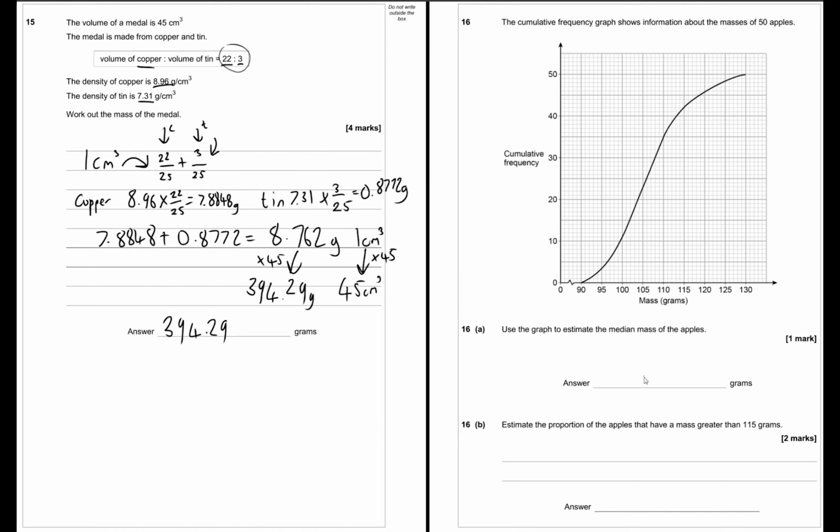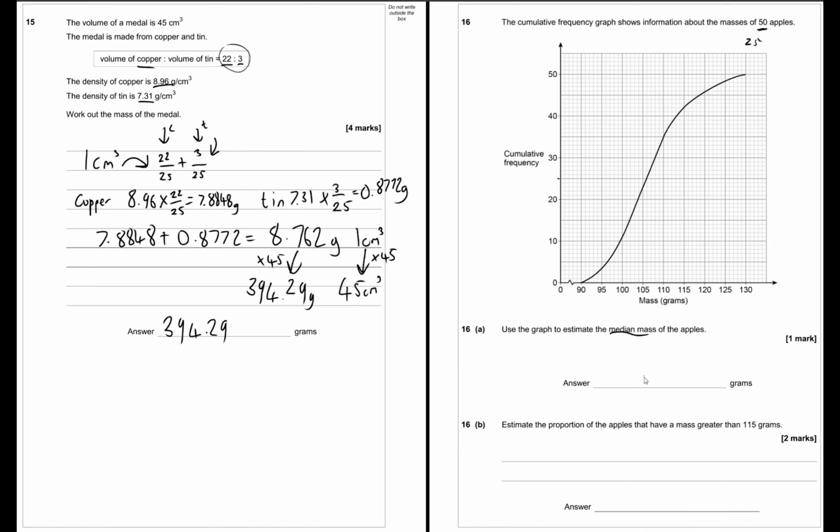Question 16. The cumulative frequency graph shows information about the masses of 50 apples. So we've got the cumulative frequency on the y-axis and the mass on the x-axis. A. Use the graph to estimate the median mass of the apples. So median means middle. So which apple is in the middle? We've got 50, so we know the middle apple is going to be the 25th.